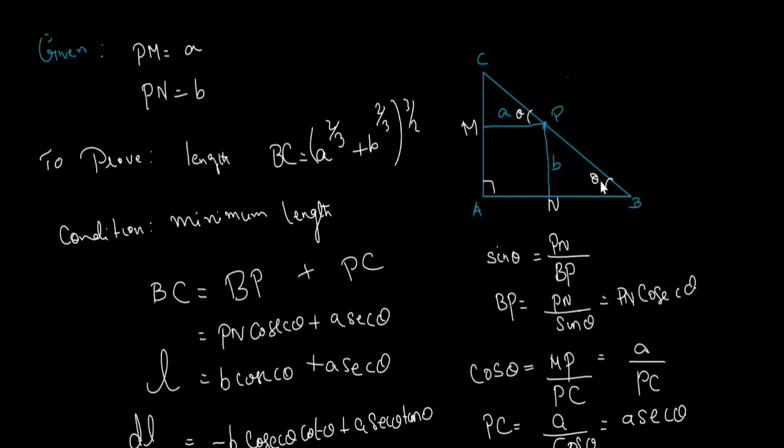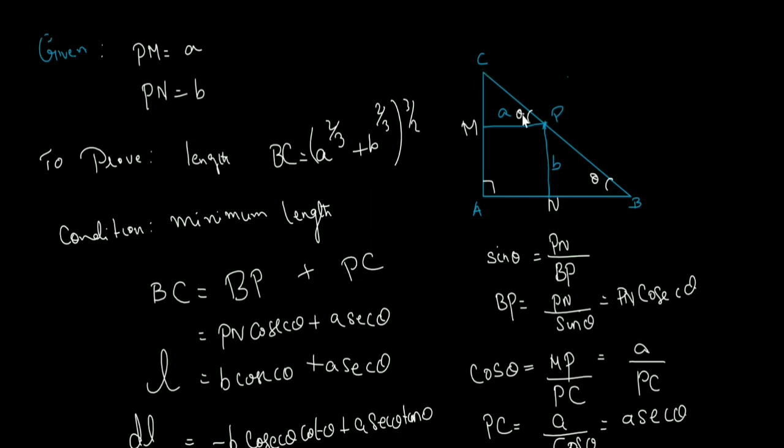We know this length PN is B, the opposite side. Sine theta is opposite side by hypotenuse, so PN by PB, that is PN by BP. So BP is equal to PN by sine theta, that is PN cosecant theta.